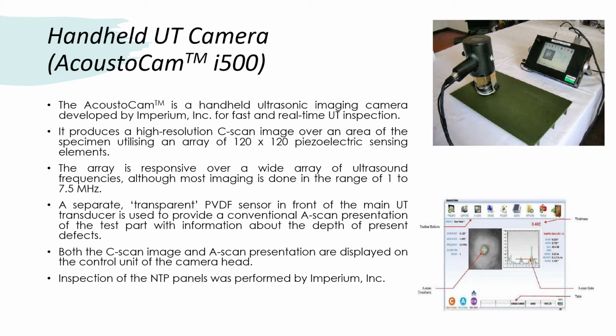The Acoustocam is a handheld ultrasonic imaging camera, which is developed by Imperium Incorporated for fast and real time UT or ultrasonic testing inspection.